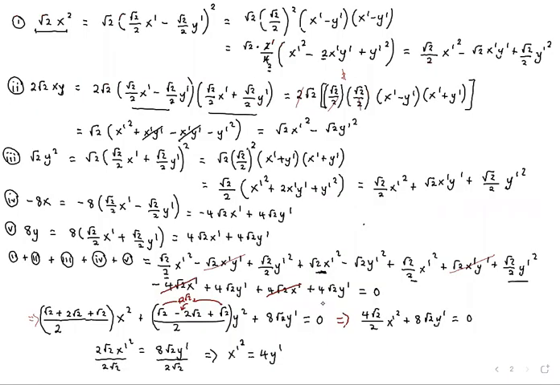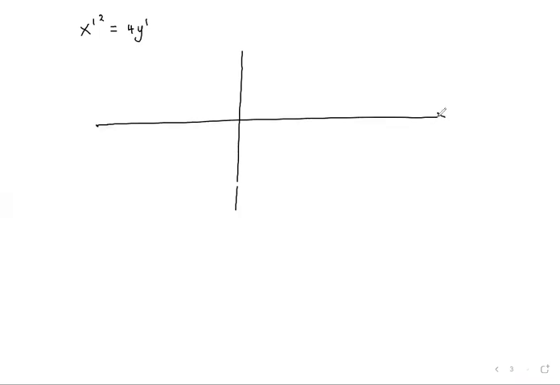And that's what defines what we are asking about. So we have x prime squared is equal to 4y prime. This is just a normal thing that one can just draw. Remember, the rotation has been done with what?